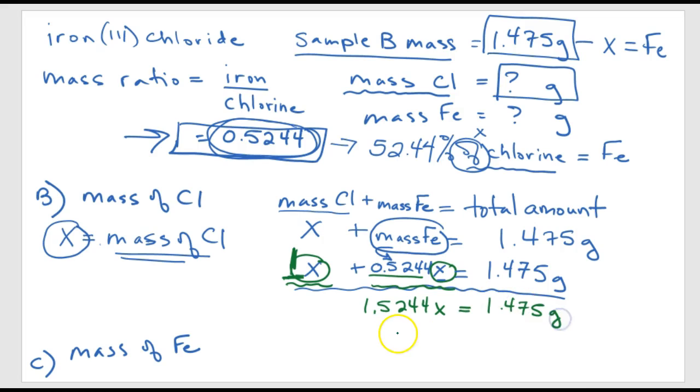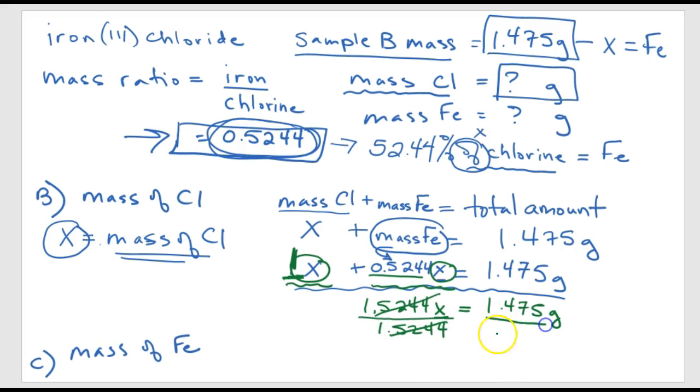1.475 grams. Then to solve for x, I'm going to do the opposite of what's being done to it on that left-hand side. So what's happening is I'm multiplying x by 1.5244, and the opposite of multiplication to get rid of it is dividing, because when I divide 1.5244x by 1.5244, that cancels it out because it's equal to 1.